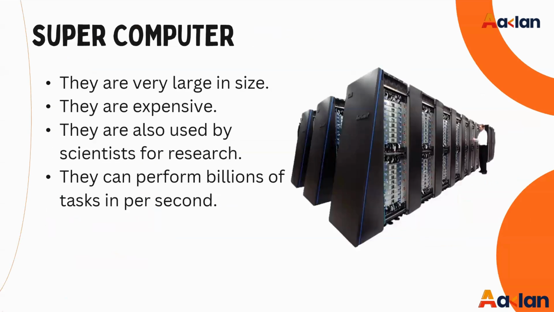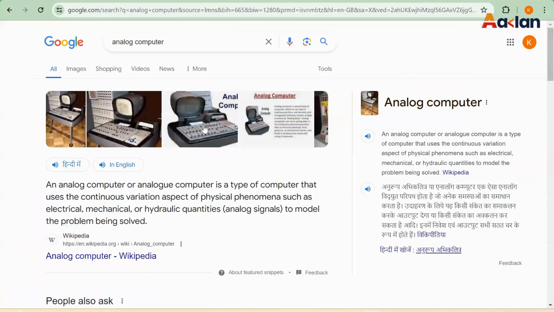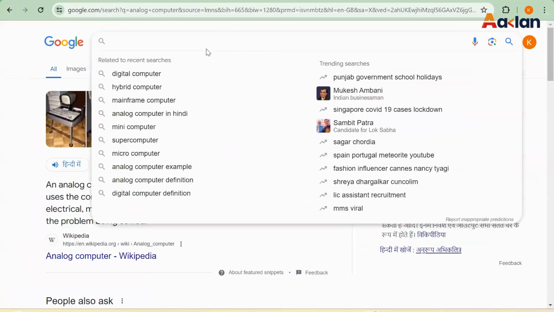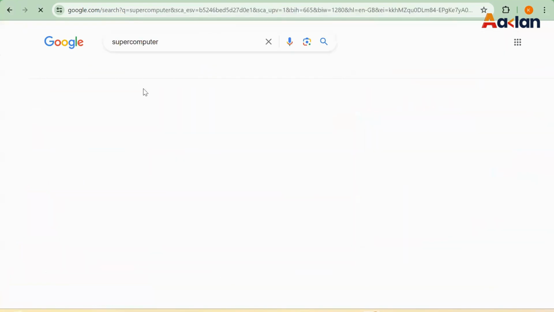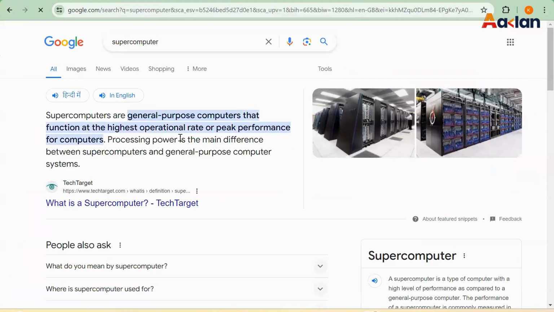Supercomputer. They are very large in size, right? They are very expensive also because they are only used by scientists for research work. That is why it is very expensive. They can perform billions of tasks per second. If we look at the image of supercomputer on Google, it looks like that.